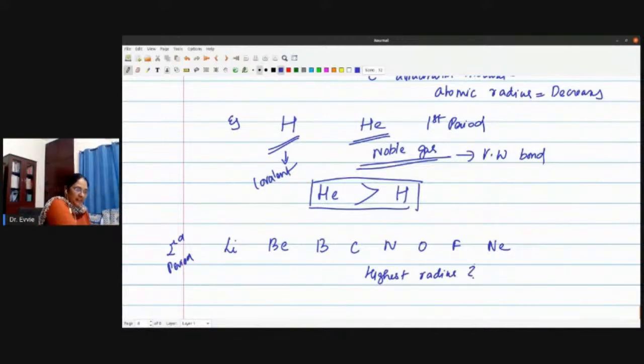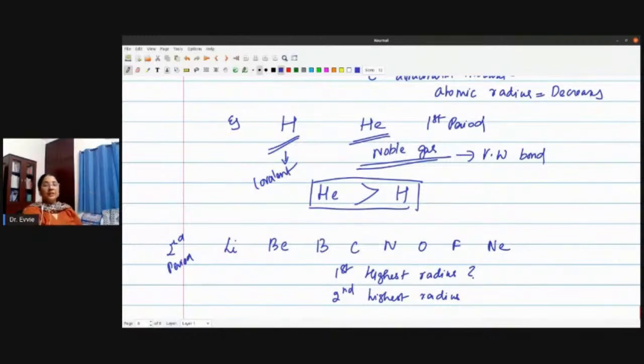That is the first highest radius and the second highest radius. Give me both. The highest, the first one, and after that, which one will follow? They can give you like this, they can give you 4 options. Lithium, beryllium, boron, one is less than, greater than; you go and see your competitive exam.